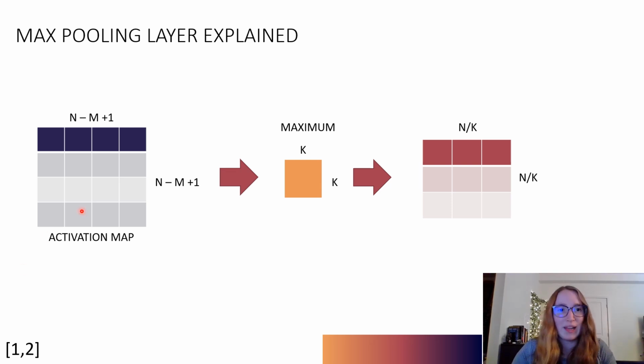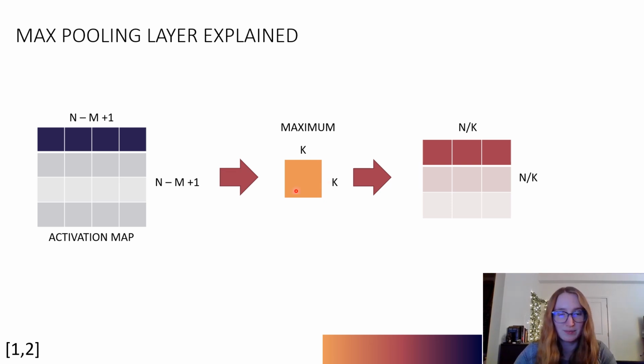So, knowing that after each convolution layer, an n minus m plus 1 by n minus m plus 1 activation map matrix is created, we can divide this activation map matrix into smaller k by k sections. The max pooling layer finds the maximum of each of these k by k sections and just discards the rest.